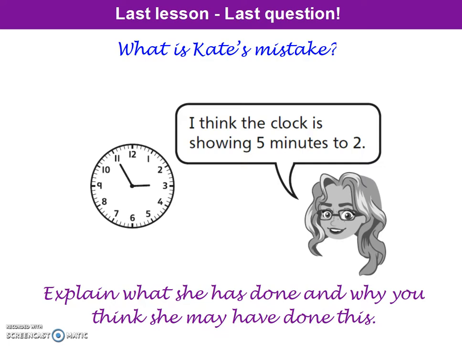So in this case, she's got confused on that, so she's thinking that it's 5 minutes to an hour, and it's 2 something, so it must be 5 minutes to 2. But the actual answer is, it's 5 minutes to an hour, and it's to our next hour, which is 3. So it should be 5 minutes to 3.